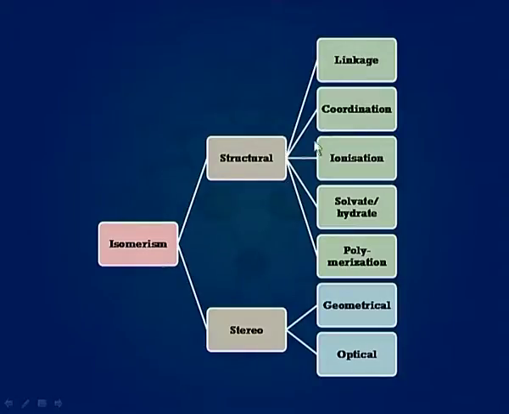As you know, structural isomerism can be subdivided into linkage isomerism, coordination isomerism, ionization isomerism, solvate or hydrate isomerism and polymerization isomerism. And stereoisomerism can be subdivided into geometrical isomerism and optical isomerism.